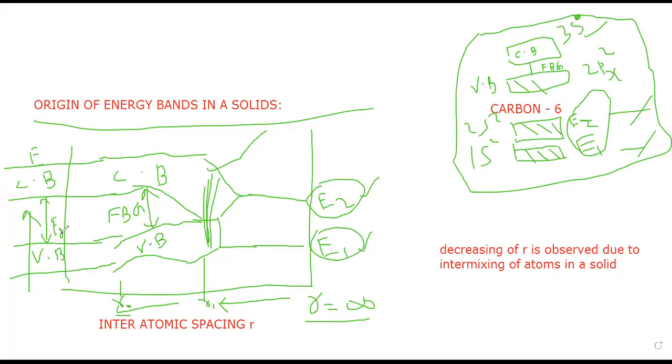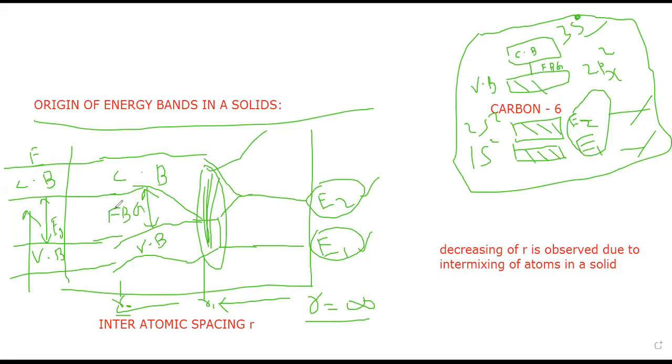Yes, sir. So actually, in a solid, you observe three types of energies: separate isolated energies E1 and E2, energy bands, and, due to splitting of bands, the valence band, conduction band, and forbidden gap.